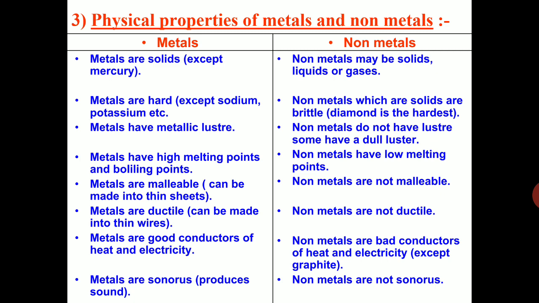Metals are ductile, that is, which can be made into thin wires. Non-metals are not ductile. Metals are good conductors of heat and electricity, but non-metals are bad conductors of heat and electricity. Metals are sonorous. Non-metals are not sonorous. These are the differences between the physical state of metals and non-metals.